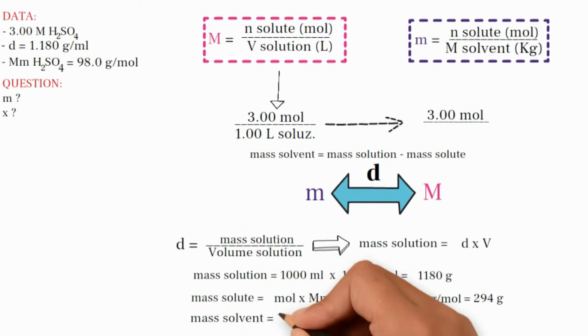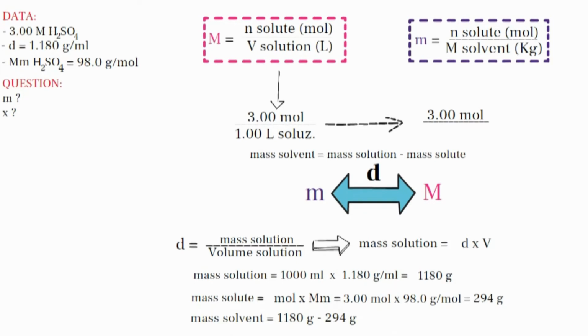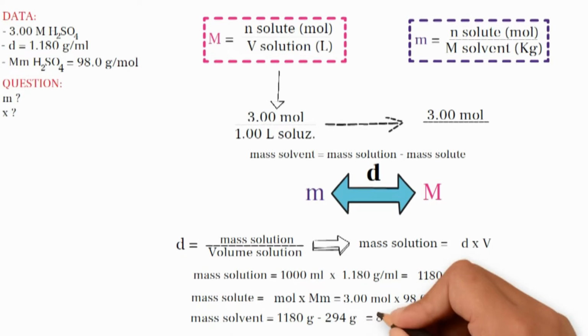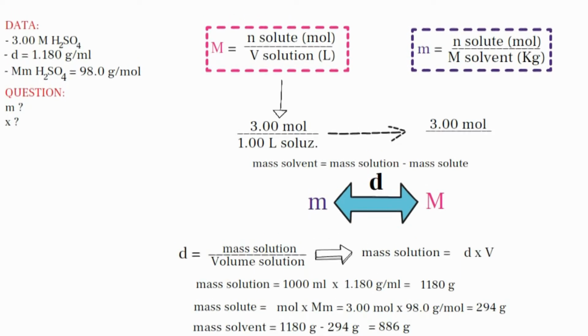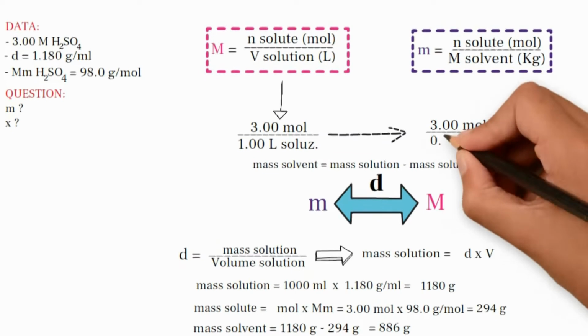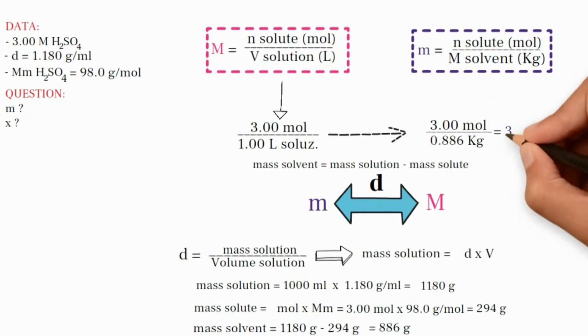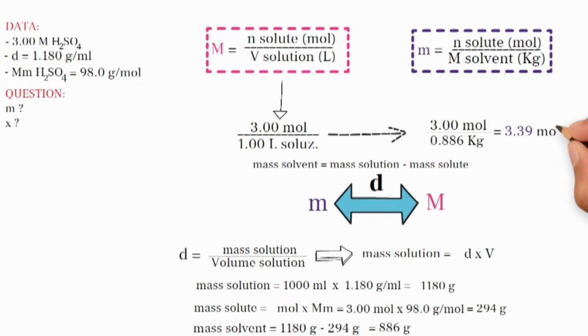This means the mass of solvent will be 1180 minus 294, which is 886 grams. We just need to convert these grams into kilograms, because molality uses kilograms, and we have our solution, which is 3.39 moles per kilogram. So this is the molality.